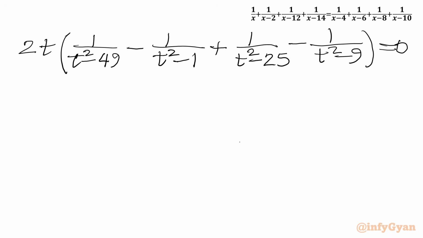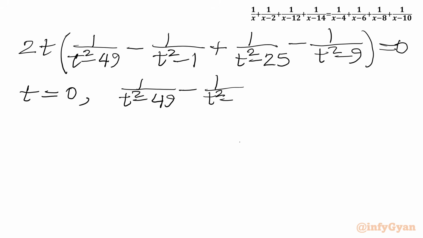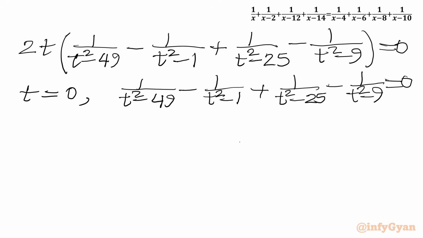We'll use the product 0 rule. So either t equal to 0 or 1 over t square minus 49 minus 1 over t square minus 1 plus 1 over t square minus 25 minus 1 over t square minus 9 equal to 0.